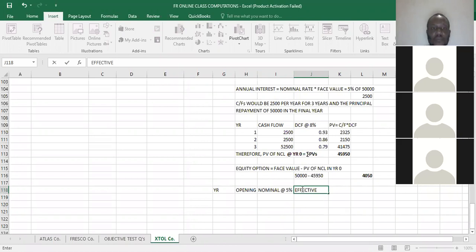Effective was 8%, right? Yep. Okay. So nominal was at 5, effective was at 8. And then after that, we have our closing. That's all. With that, we can do our work.